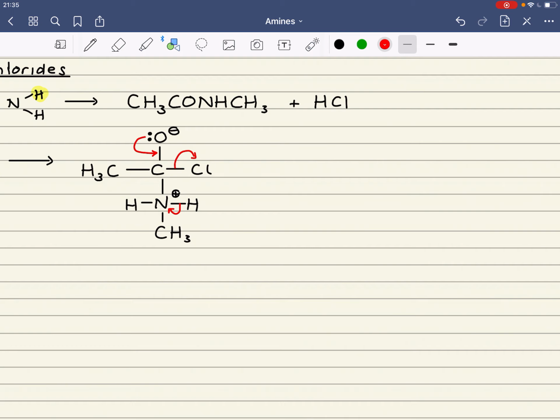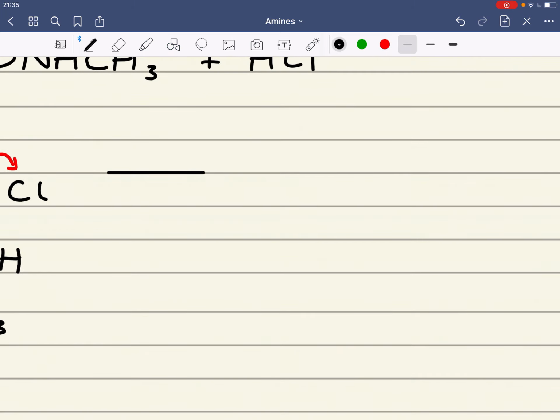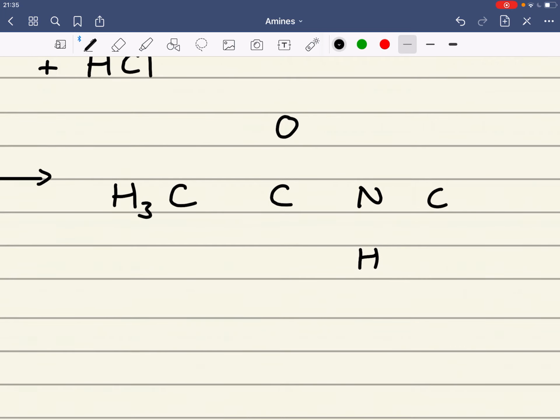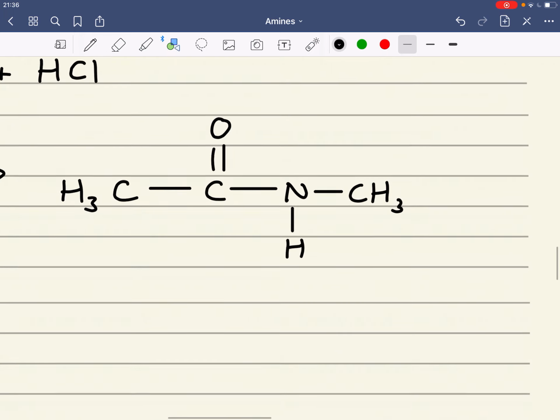And that will form our product, which is an N-substituted amide. And we also get HCl.